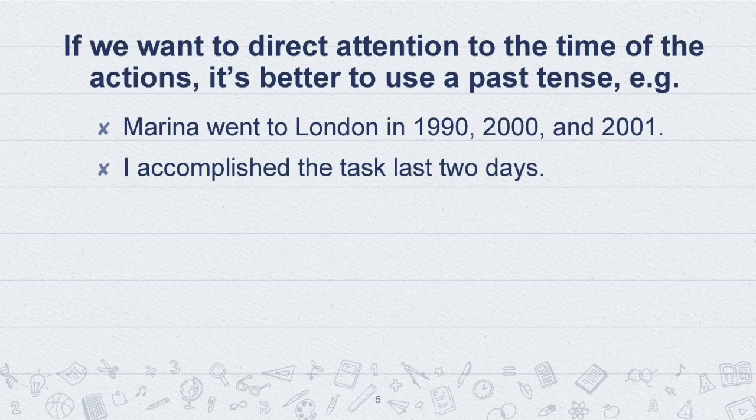Saya telah menyelesaikan tugas dengan sukses 2 hari yang lalu. Kapan dikerjakan? 2 hari yang lalu. Focus on the time of the sentence. Jadi berfokus kepada waktu kalimat. Itu adalah penggunaan dari past tense yang membedakannya dengan present perfect.